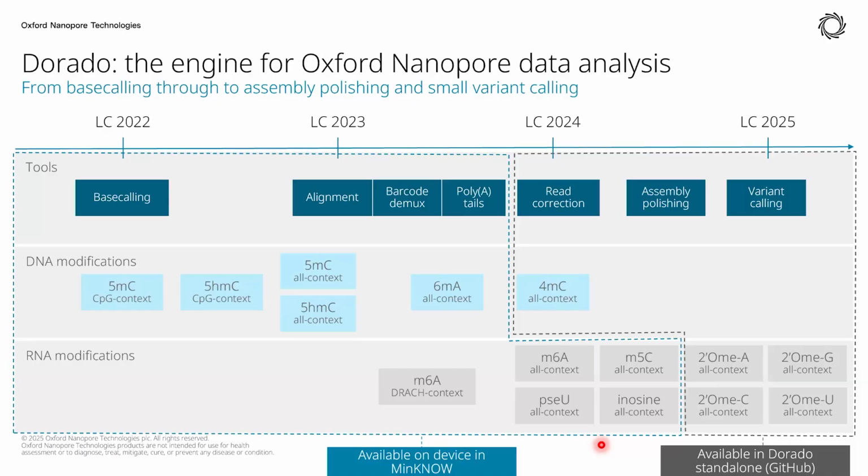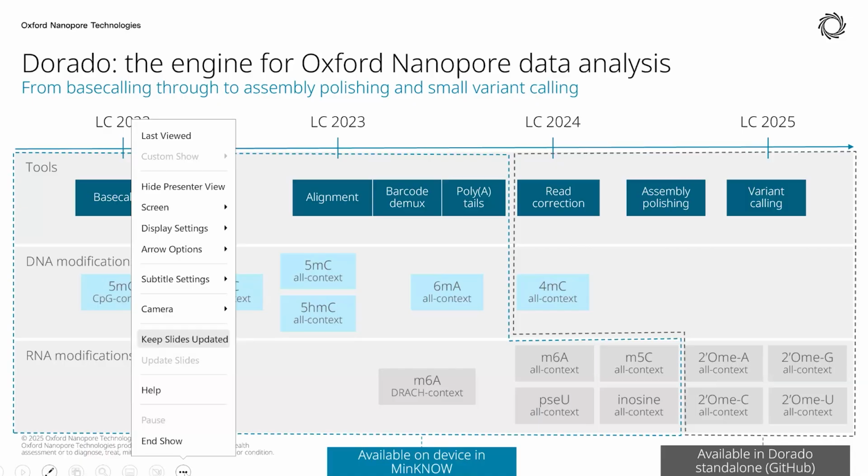They will always be there first. Right now, I believe we have version 5.2, the latest DNA and RNA models are now in Minnow. I believe the only thing we are missing is some of the 2O methylation models for the different bases. And I think that's the only thing that's currently missing.